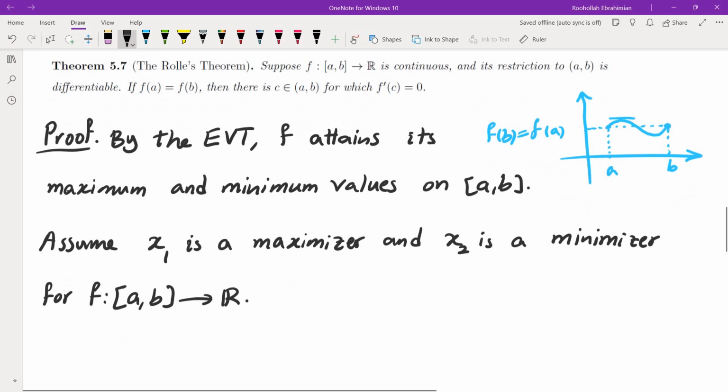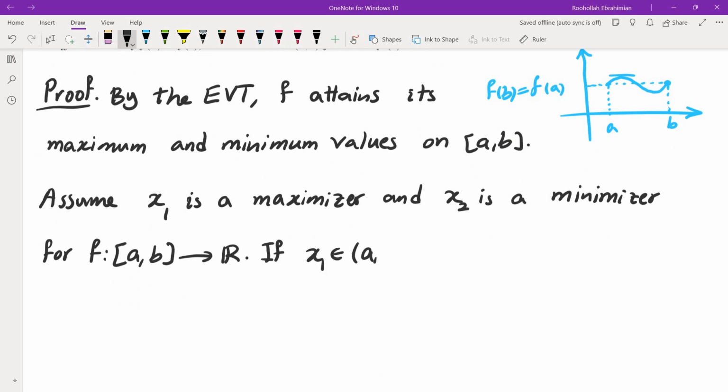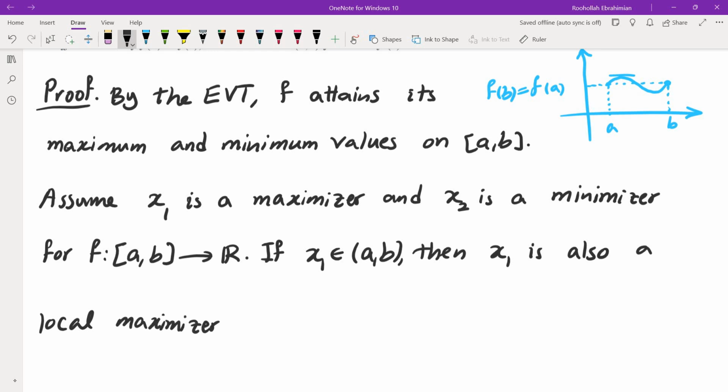Okay, if this point x1 is inside the open interval, then x1 is also a local maximizer. A local maximizer cannot be an endpoint because it has to be an open interval.